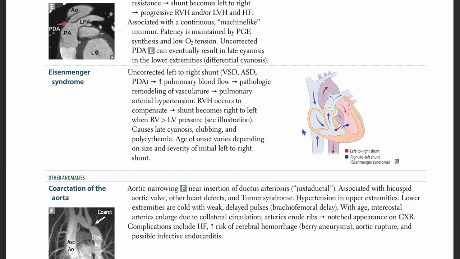So then, yeah, when this thing has hypertrophy, that's what happens. The pressure in the right ventricle becomes more than the left ventricle. This causes late cyanosis, clubbing, and polycythemia. Age of onset varies depending on size and severity of initial left to right shunt.